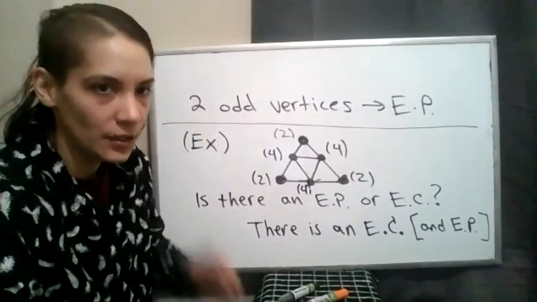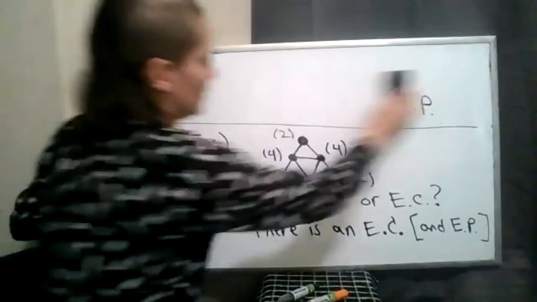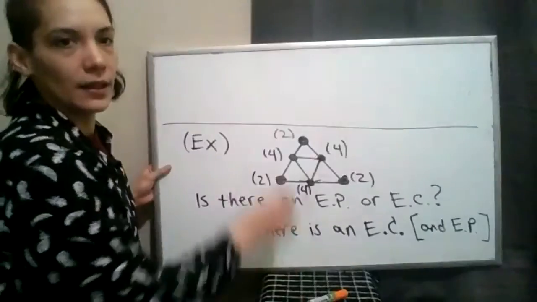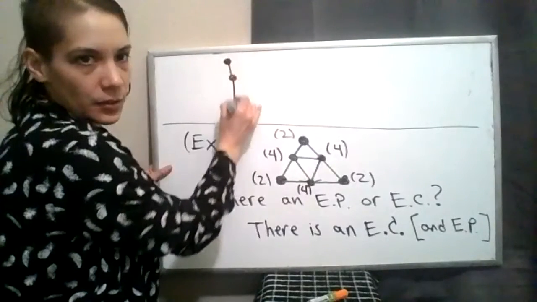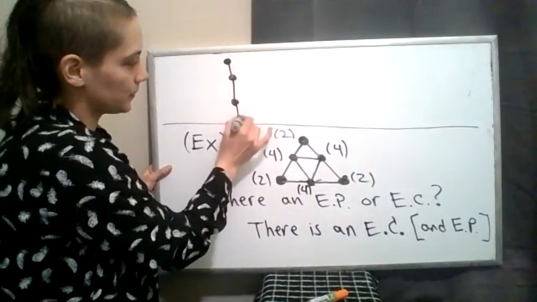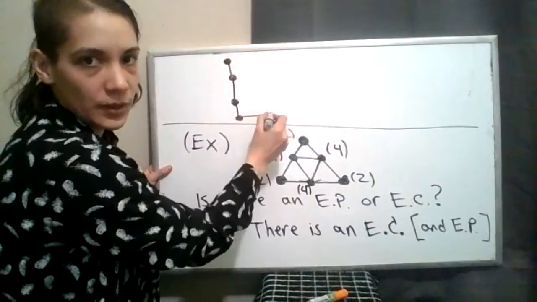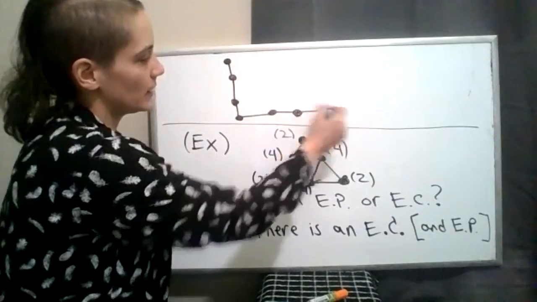Alrighty, let's try this one. It goes a dot down to a dot, and then do another dot. Let's do one more. Over vertex, over vertex, over vertex.